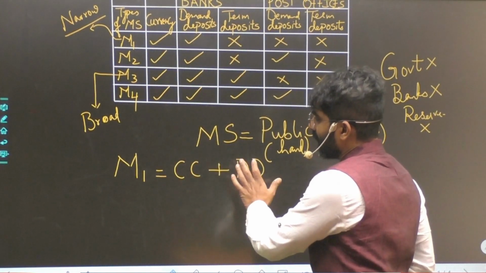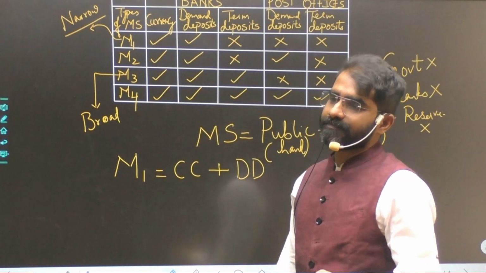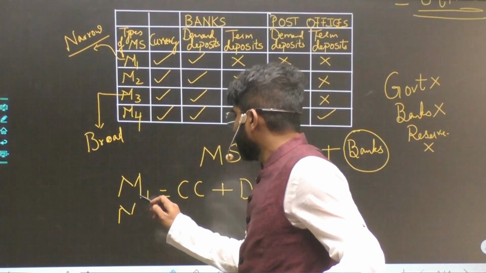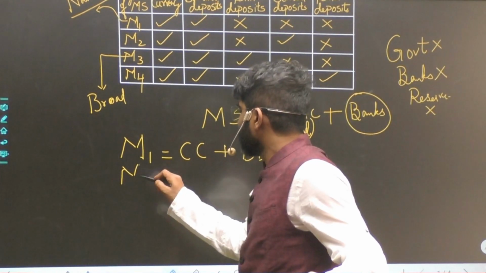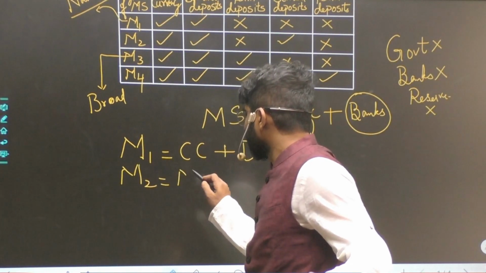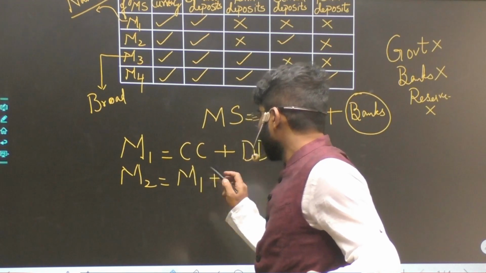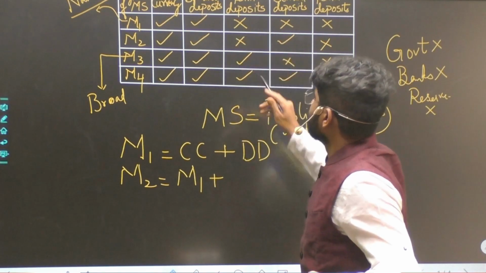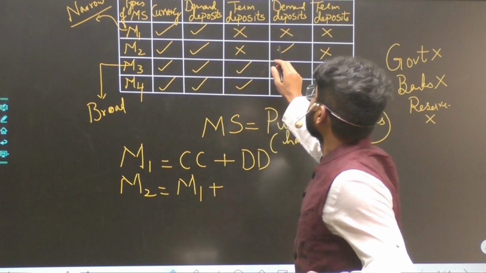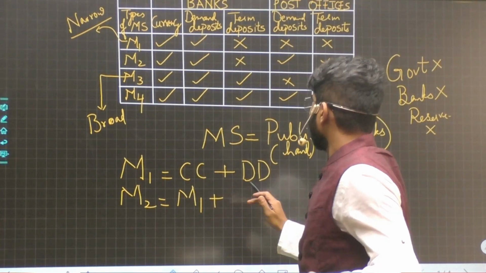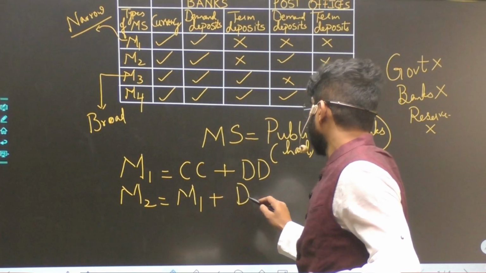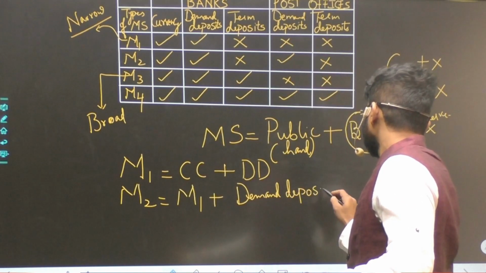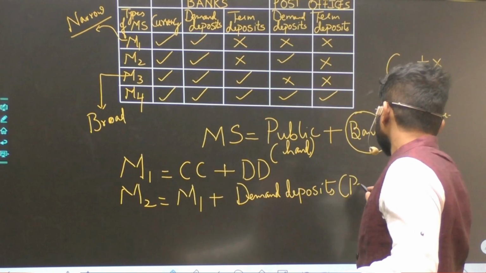So M2 will include whatever is there in M1, that is currency in hand plus demand deposits, plus it is also going to include the demand deposits of post offices.